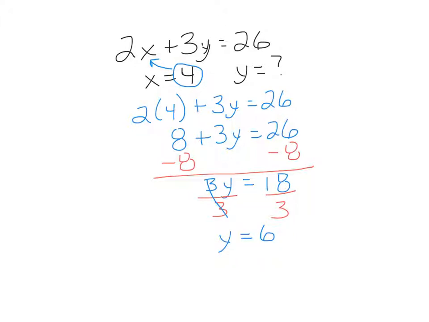So, if x is equal to 4, that must mean that y is equal to 6. So an ordered pair that satisfies this particular equation is the ordered pair 4, 6. Of course, there are other possible ordered pairs that will also work, but that is one that will work for this equation.